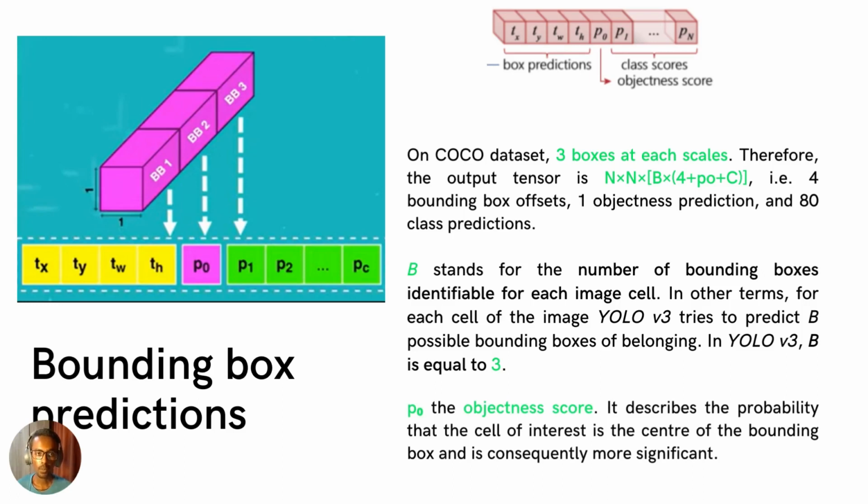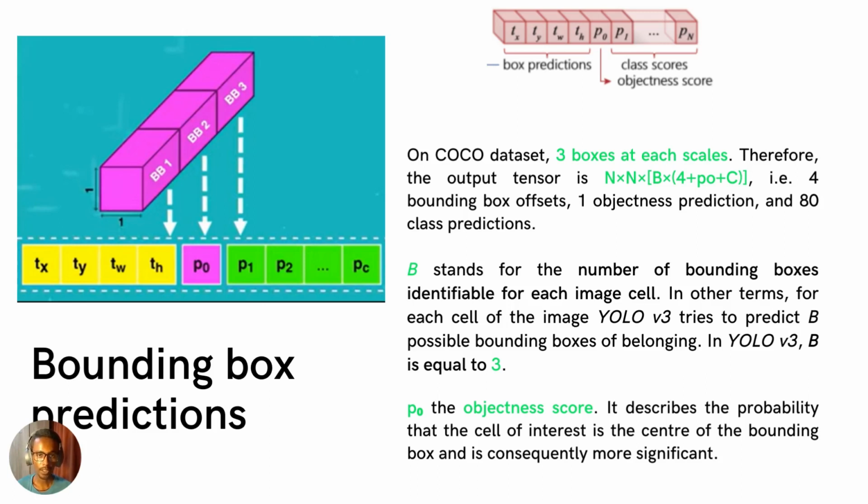Next, once we have defined the anchor boxes, we're going to describe the bounding box predictions. On the COCO dataset, 3 boxes are used at each scale. So we have defined 3 anchor boxes at 3 stages, so we're also going to have 3 boxes in each scale.